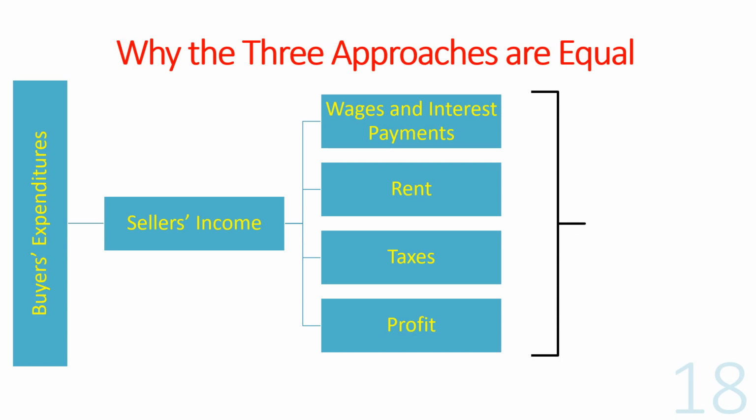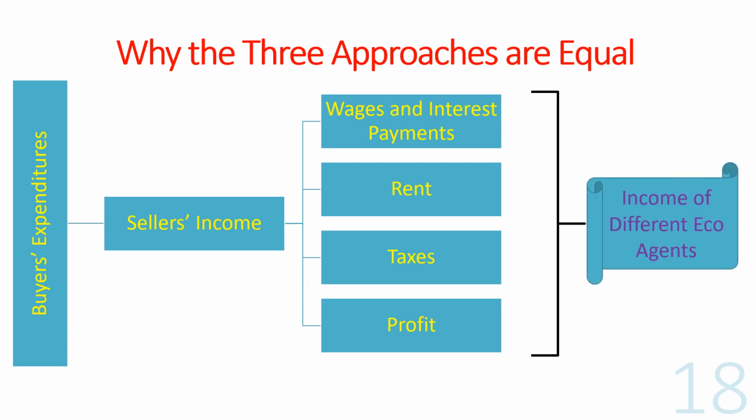All these three incomes, that is, the income of workers, suppliers, governments, and entrepreneurs, thus total expenditures must also equal total income generated. Therefore, all these three approaches give us the same values.